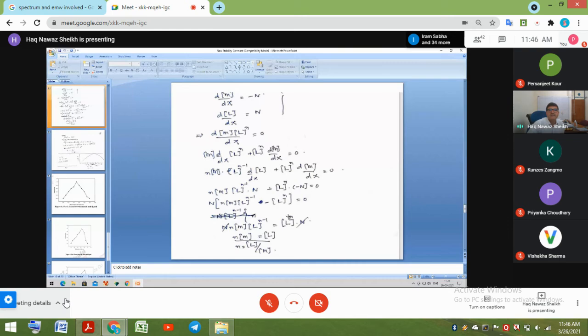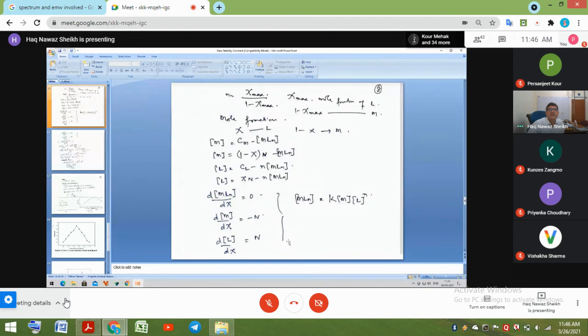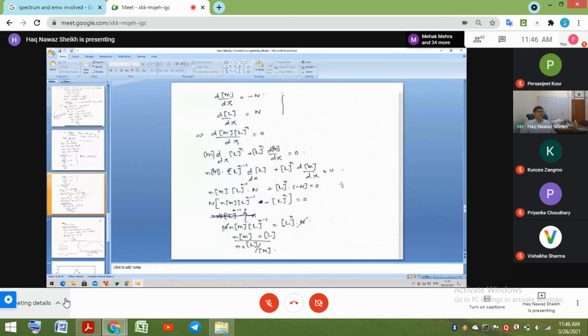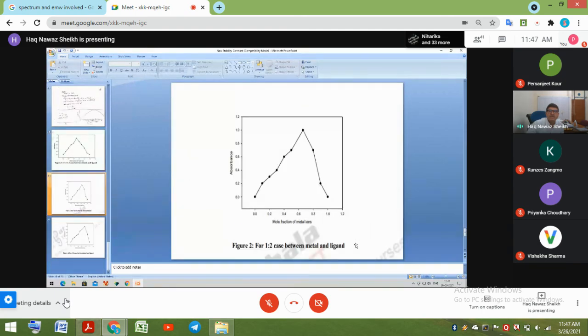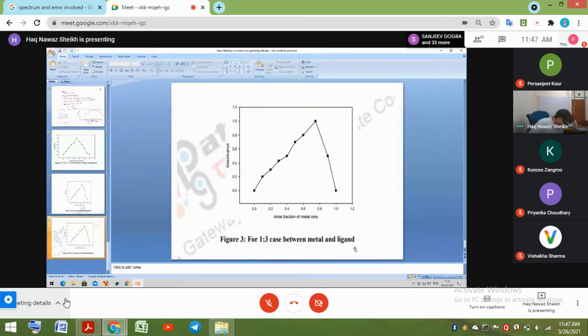Once you know the metal and ligand concentration, and you also know the concentration of the complex, then you can find out the equilibrium constant, because the concentration of the complex is given by the absorbance divided by molar extinction coefficient into l. If you know the molar extinction coefficient and the absorbance, you can find the concentration of the complex, and you know the concentration of ligand and metal. Therefore, you can easily find out the equilibrium constant of a complex.